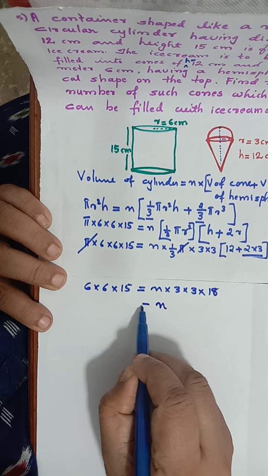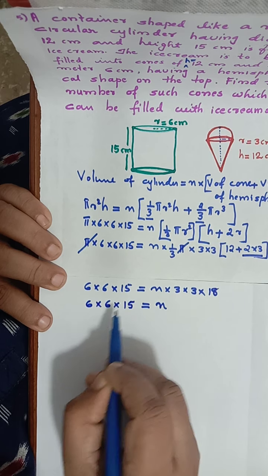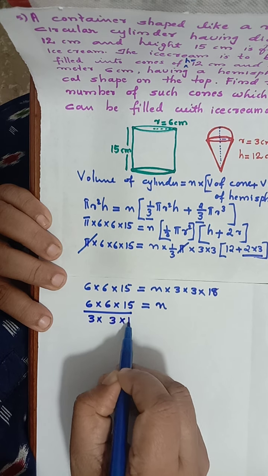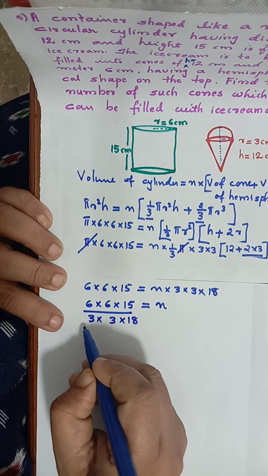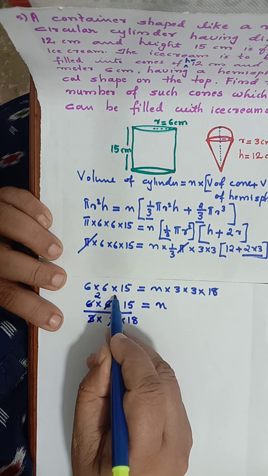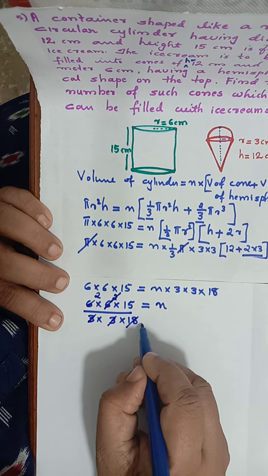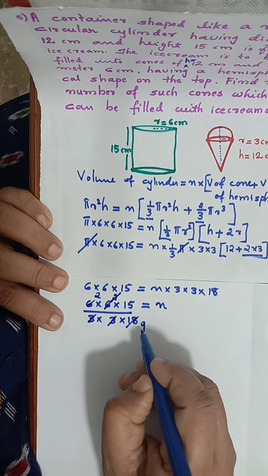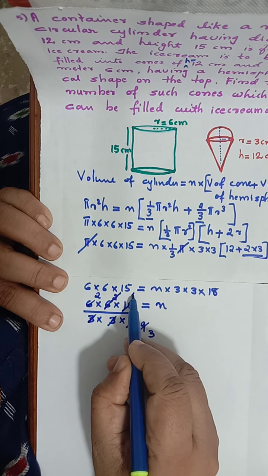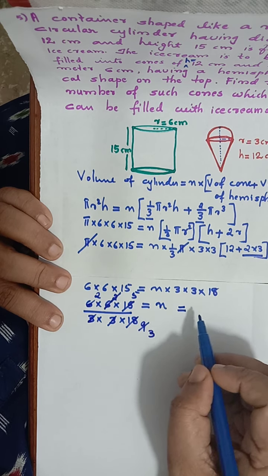Keep n here, so that we have 6 into 6 into 15 divided by 3 into 3 into 18. Let us calculate, 3 and 6 twice, again 3 and 6 twice. Now we have 2 and 18, let us have it as 9. We can cancel by 3, 3 threes are 9, 3 fives are 15.